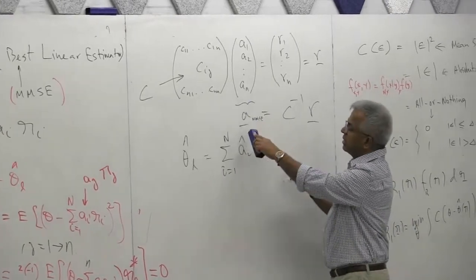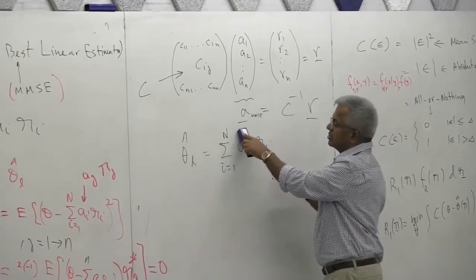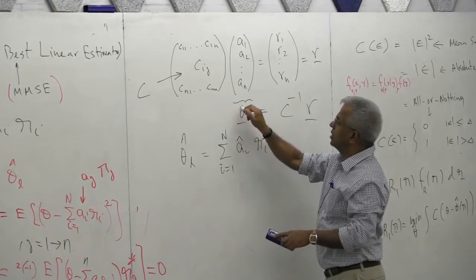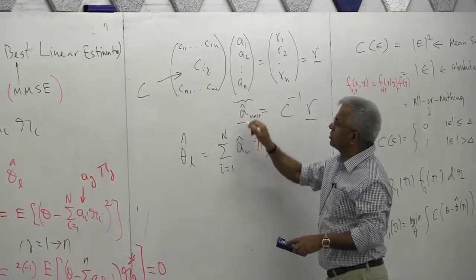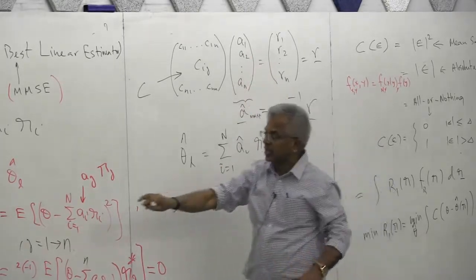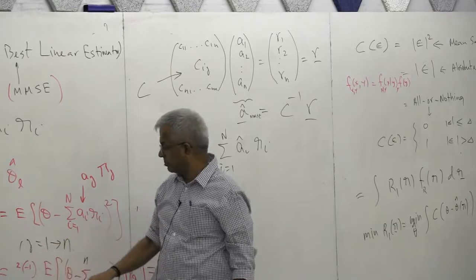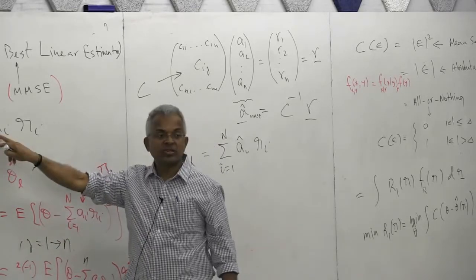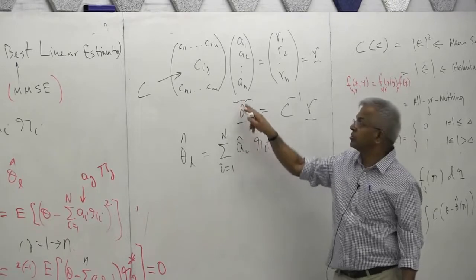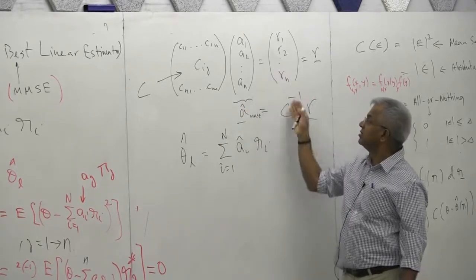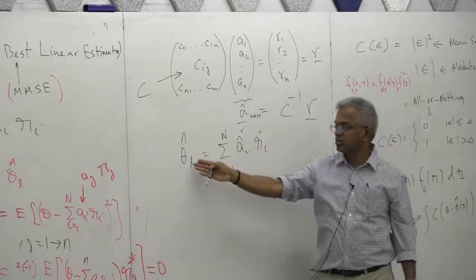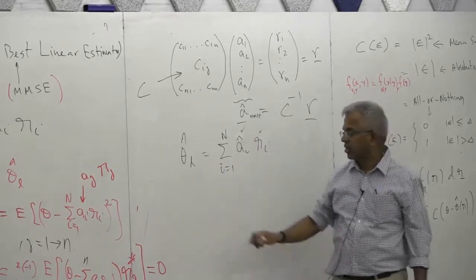Since I have found them, I'm going to simply put a hat to show that I'm talking about these optimal values. Somewhere here this is unknown, here it is known. Why is it known? Because you see, A hat is C inverse gamma. So these A's are known, data is there, so you have the linear estimators.